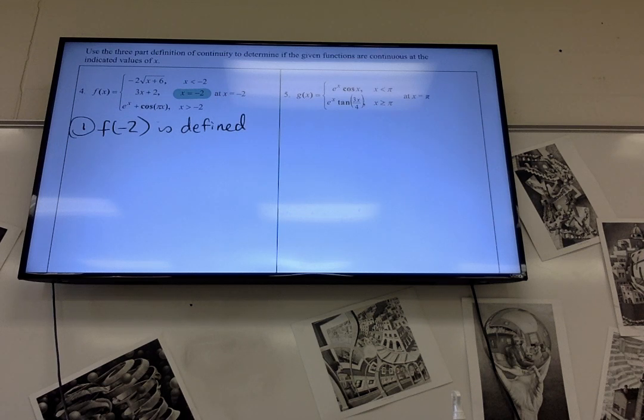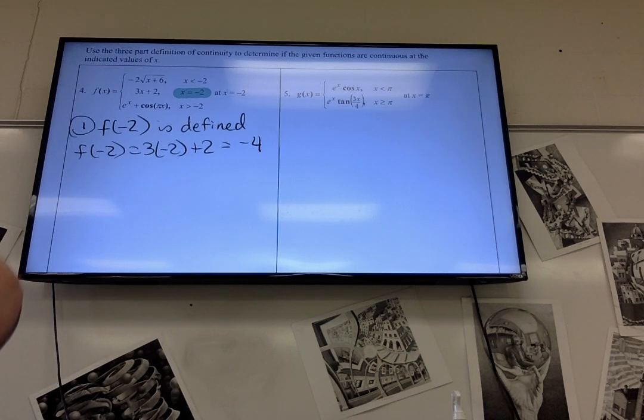So we're good. Its value is f of -2. It would be 3 times -2 plus 2, which is -4. So there's the actual value of f of -2. It is defined. Step 1 complete.